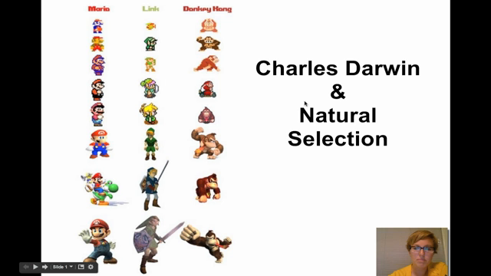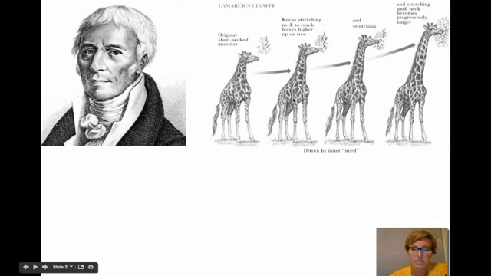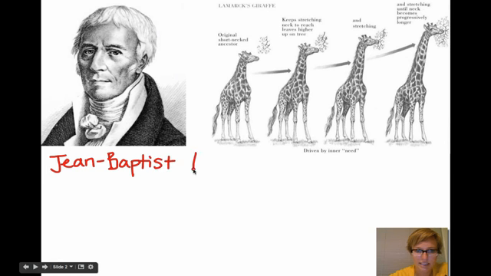So before we look at Darwin, though, there is one guy worth mentioning, a Frenchman, and his name is Jean-Baptiste Lamarck. You like my annoying wannabe French accent? So here's Jean-Baptiste, after John the Baptist, and his last name was Lamarck.